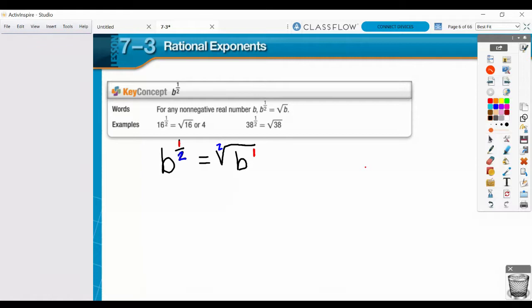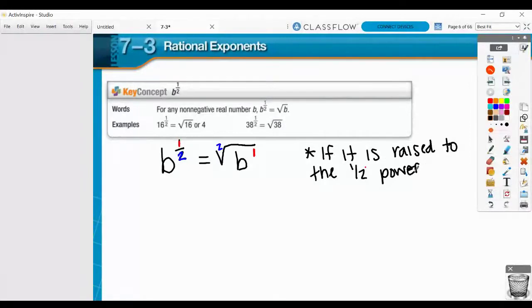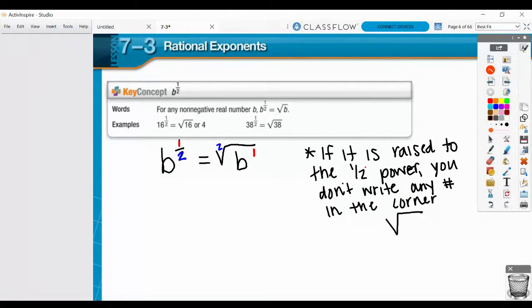As a reminder though, if it is raised to the 1/2 power, you don't write any number in the corner. So it is just the radical.